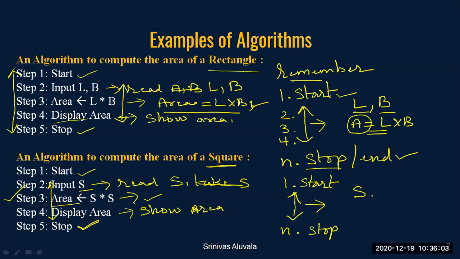Any algorithm exhibits any one of three features: sequence of execution, conditional based execution, which we call a decision, and the last one is repetition of steps.